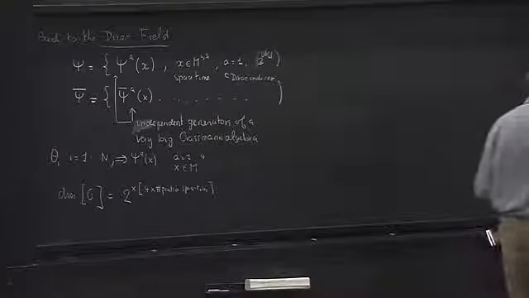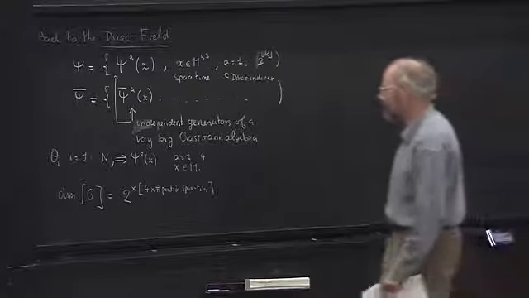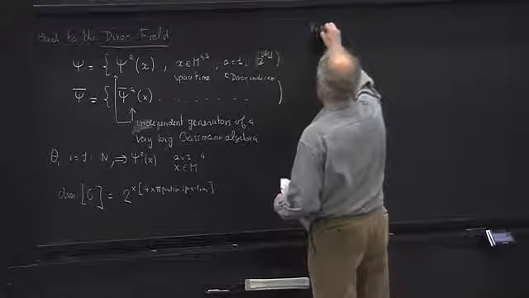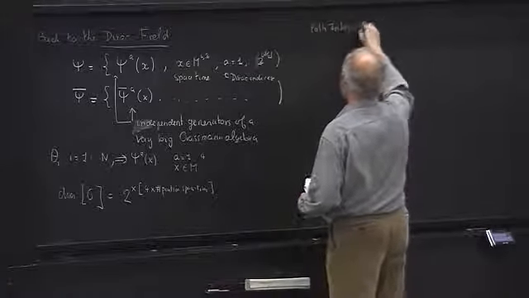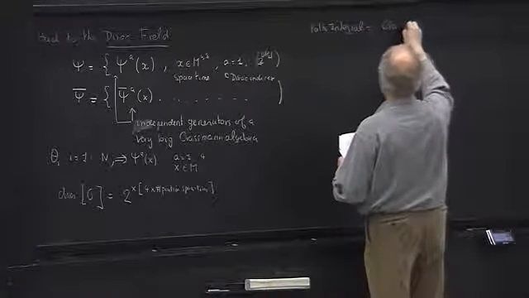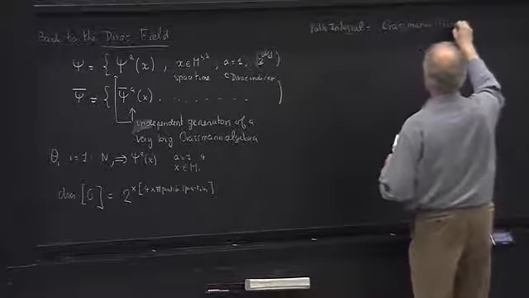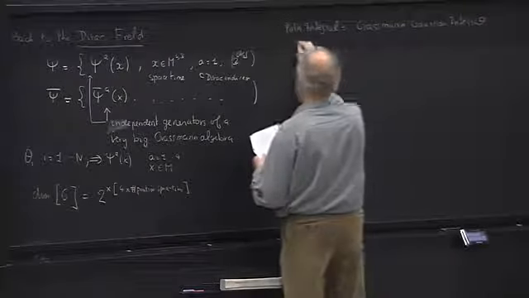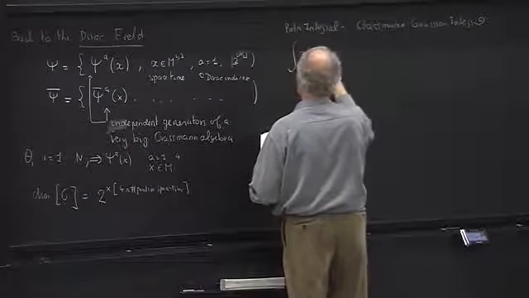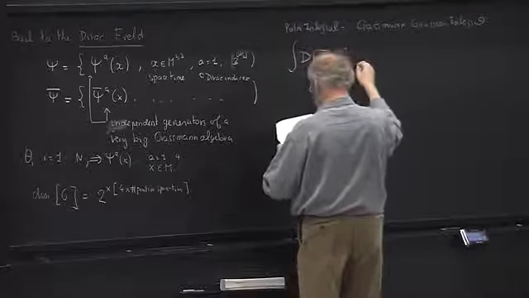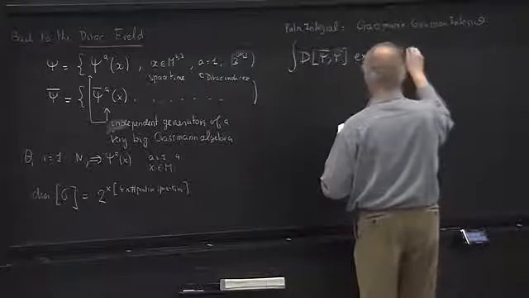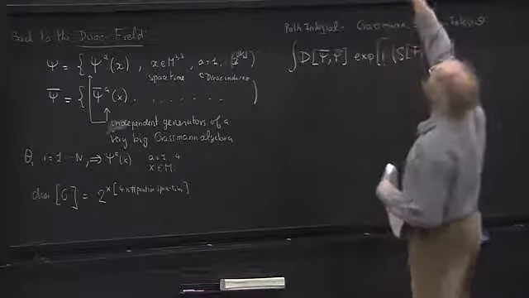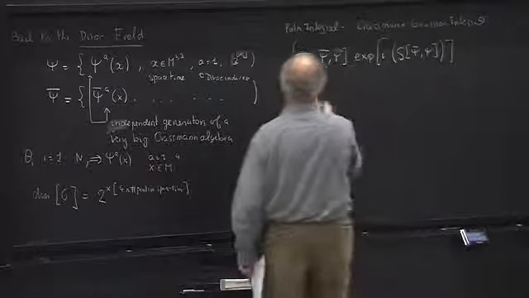Okay? And then we just define a path integral as a Grassmann-Gaussian integral that we write formally as the integral of d psi bar d psi of the exponential of i times our action for the Dirac field, where this is the measure.